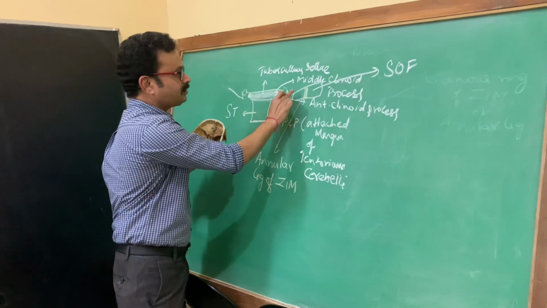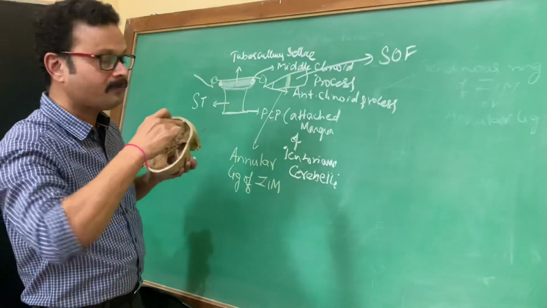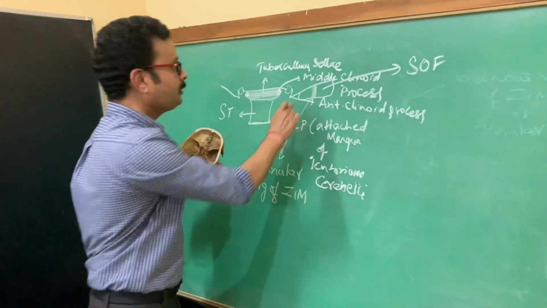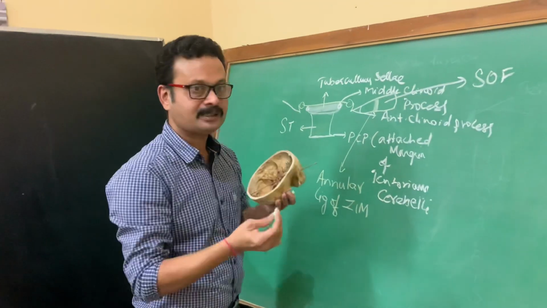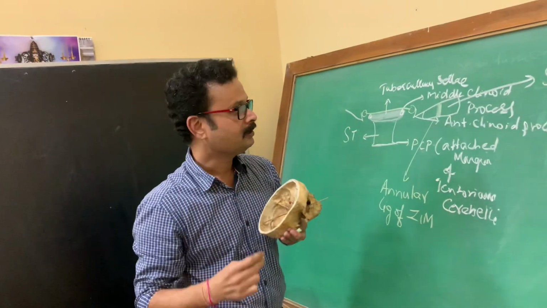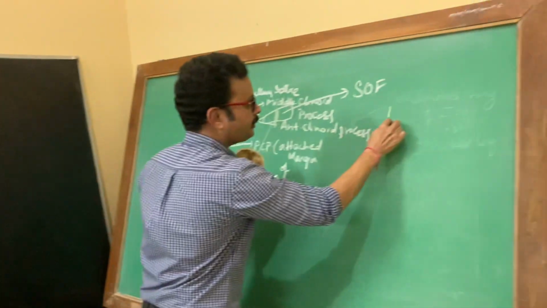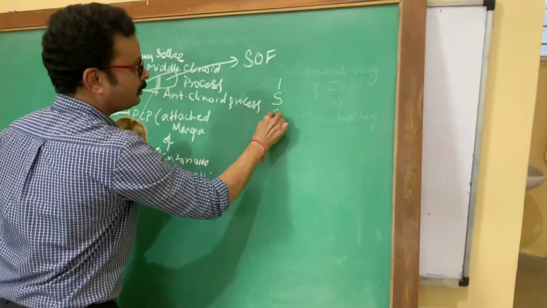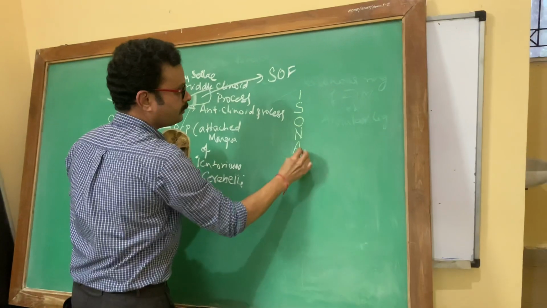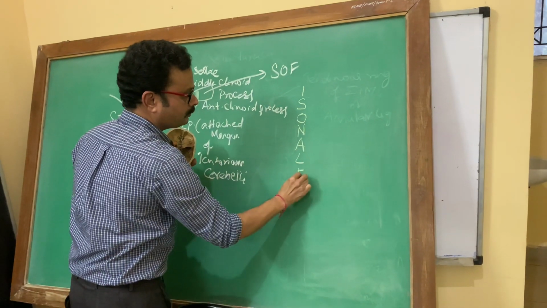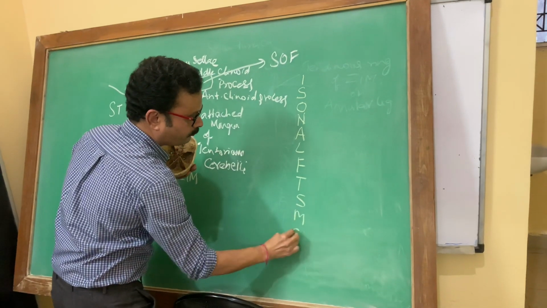Okay. Few structures pass through medial, few structures pierce the tendon and become a content of intermediate compartment, and few structures pass through the lateral compartment. To remember the structures passing from medial to lateral, it is better to remember this mnemonic: I slept one night and left for Telangana State Mandal Office.